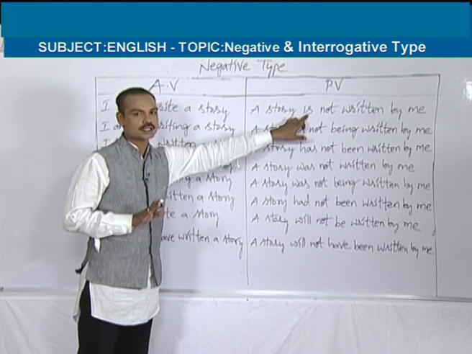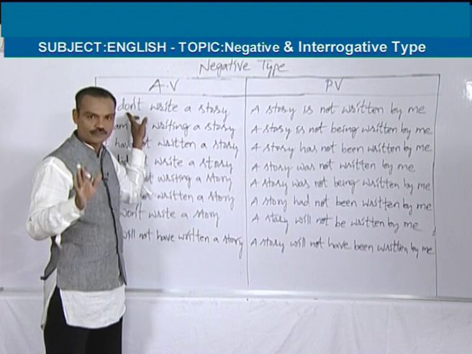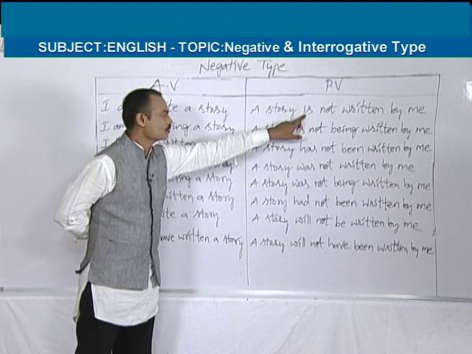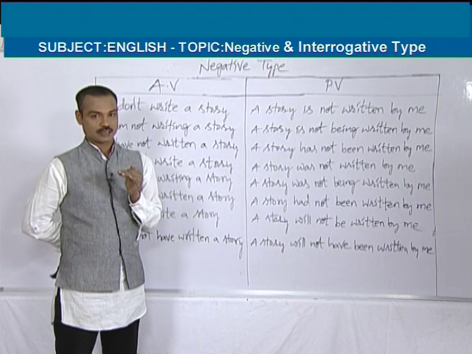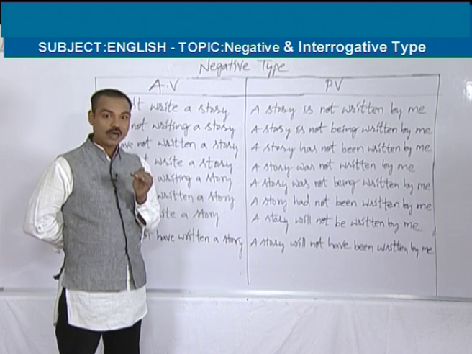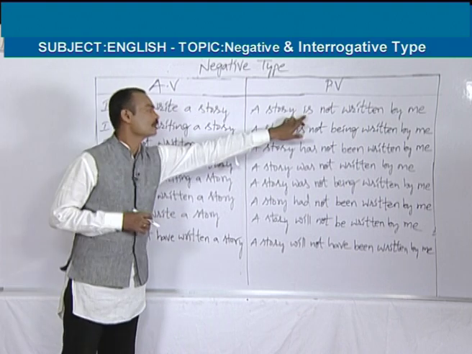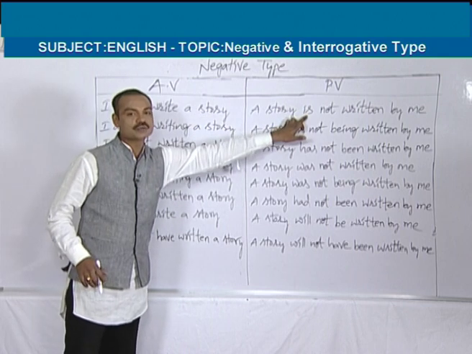So whenever you see either don't or doesn't in the active voice, the passive voice should start with either is or are. If there is a singular object, you start with is. If you find any plural object, are should be used.